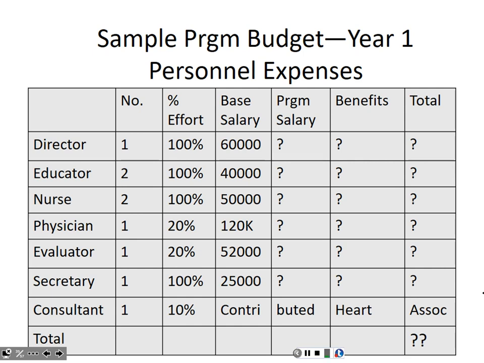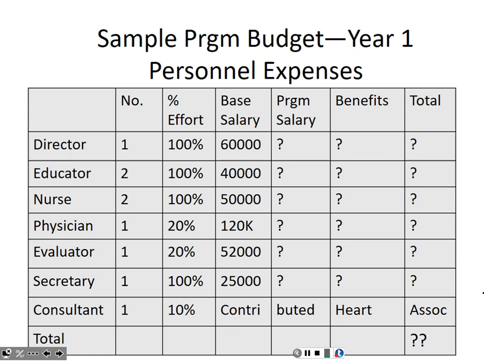So how do we go about determining this budget? First, we start by defining or listing the base salary for each of those positions. The base salary is what someone in this position working 100% effort, a full-time person, will make in our market. Okay?